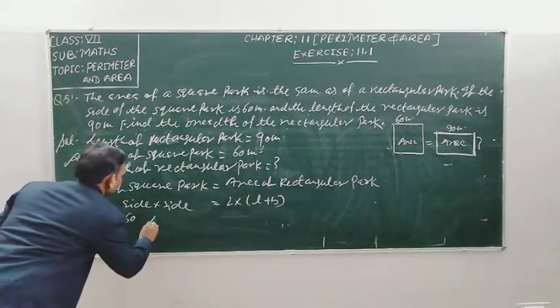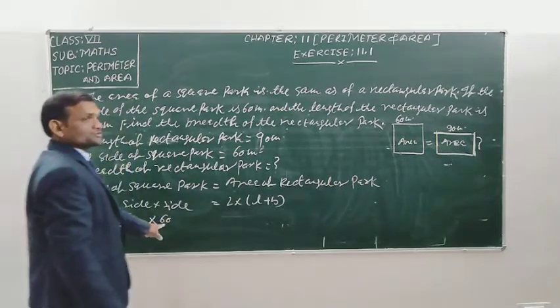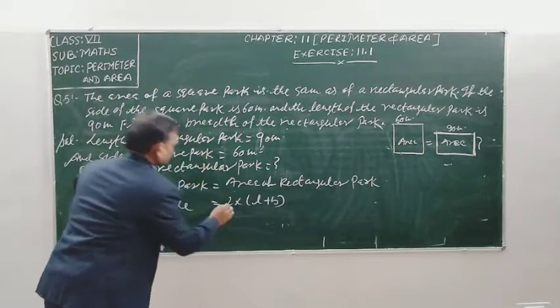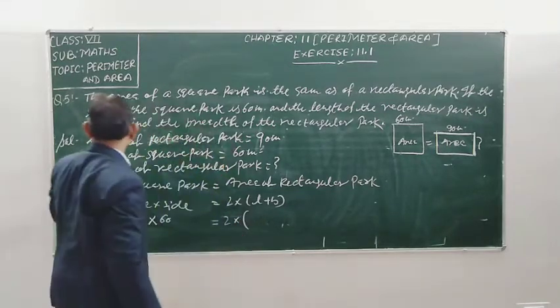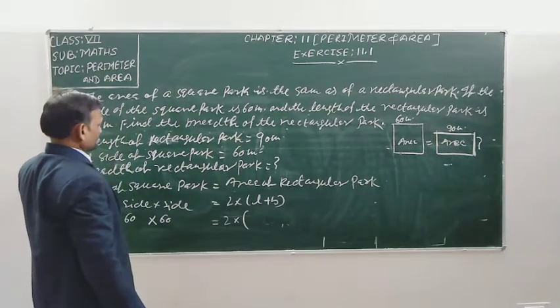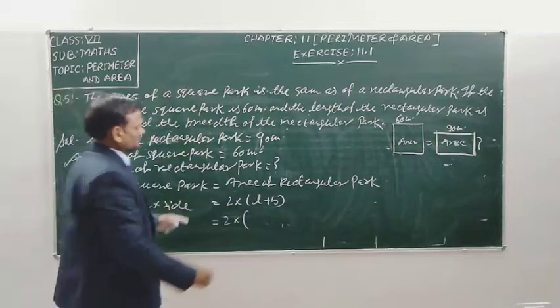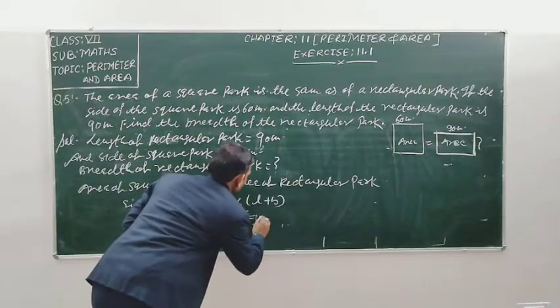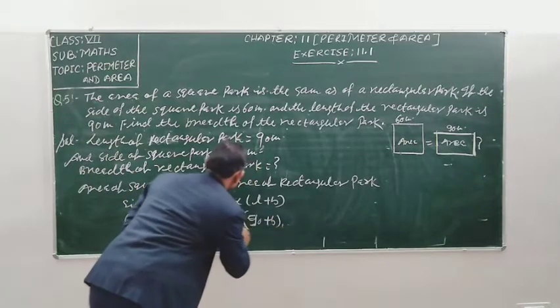So 60 into 60 is equal to 2 into, length is given 90 meter, so in the place of length we can write 90 plus breadth.